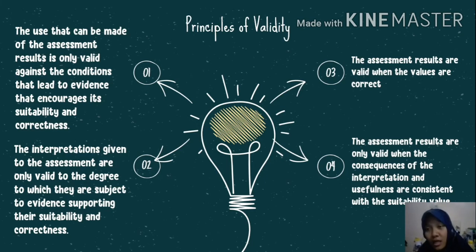The third, the assessment results are valid when the values are correct. The fourth, the assessment results are only valid when the consequences of the interpretation and usefulness are consistent with the suitability value.